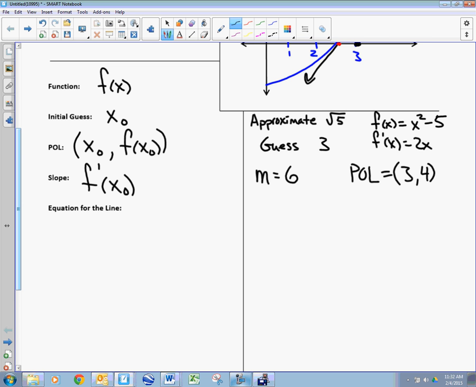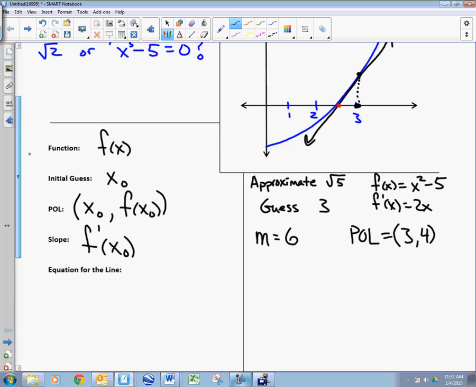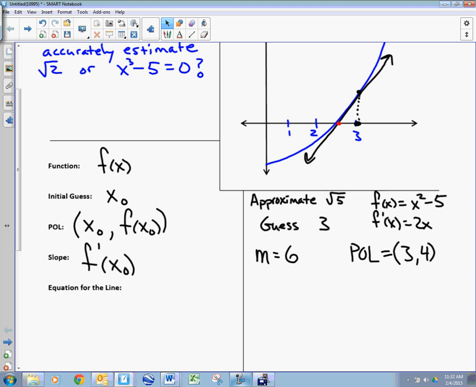Amber. You could pick 3. You could watch what happens. Excellent question. Suppose you pick 2. Watch what Newton's method says. Newton's method says pick 2 and you find a point on that curve. Now it's down there, right? Then you would draw a line tangent, and you would find that x-intercept.